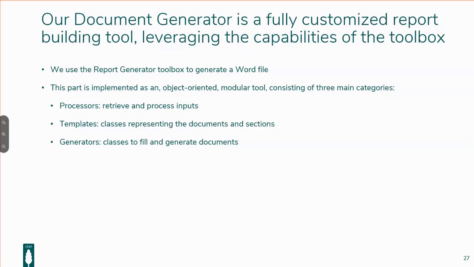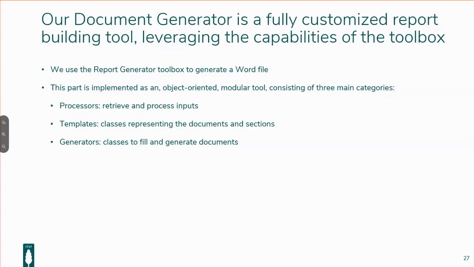We've decided to use the Report Generator toolbox to generate a Word file, but alternatively, you could also use it to, for example, generate a PDF or a PowerPoint file. But we've chosen to use a Word file because we want to give the user the opportunity to make adjustments even after we've automatically created the contract, for example.